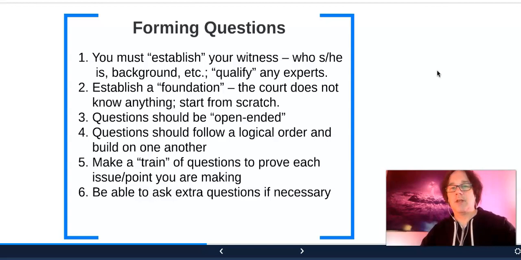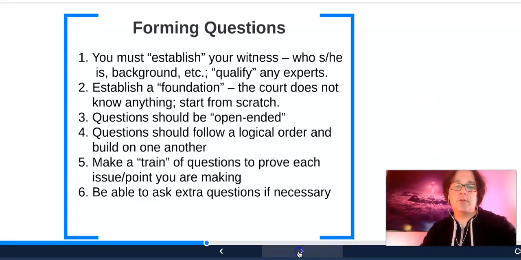So you could make a quote-unquote train of questions to prove each issue or point that you are making, and be able to ask extra questions if necessary. So you will come up with some questions, and you might practice with your witnesses, but both you and your witness should be able to improvise if need be on the spot.